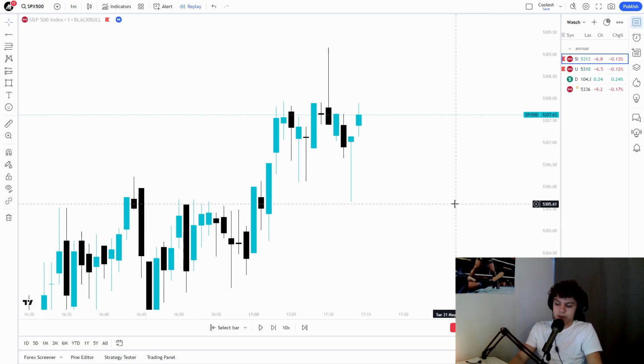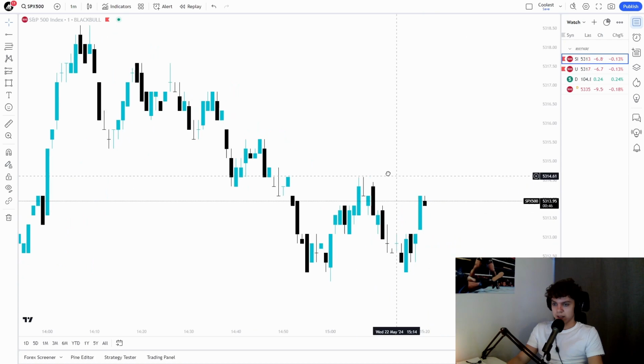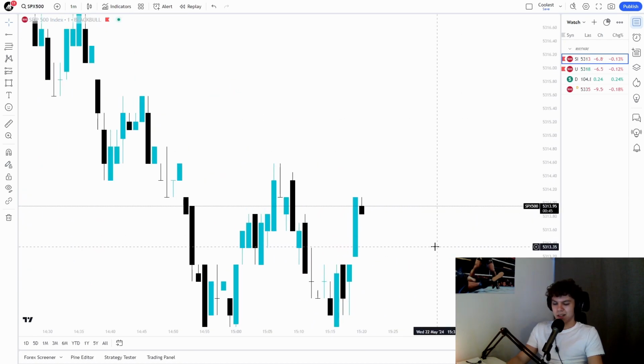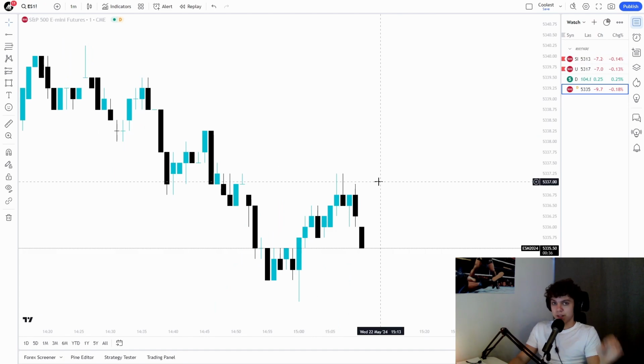And for the people in the United States and Canada, where the CFD version of the S&P 500 is banned and all the CFDs are banned, it's fine. The S&P is literally the exact same as the ES, which is the futures version of the S&P 500.